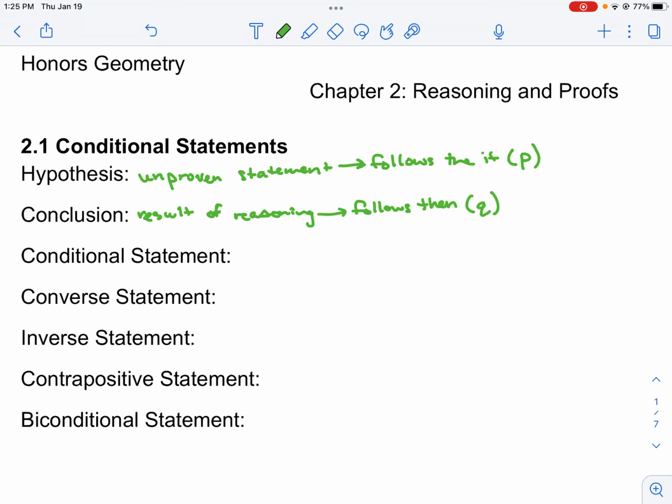So a conditional statement is known as if P, then Q, aka if the hypothesis, then the conclusion. Now, all of our theorems are set up as conditional statements.